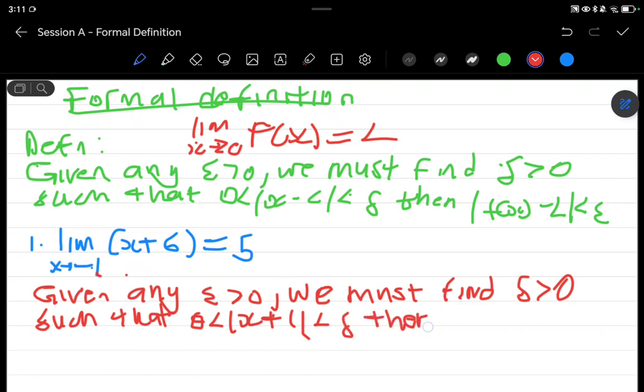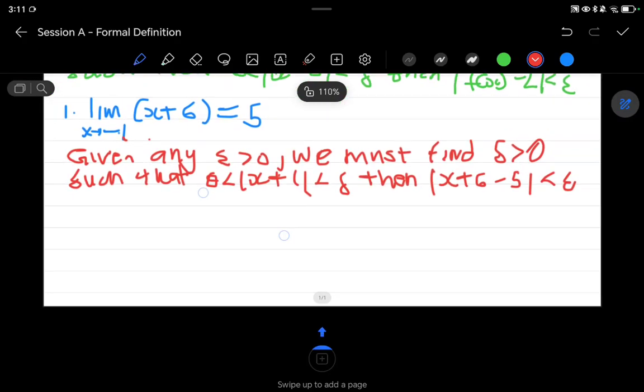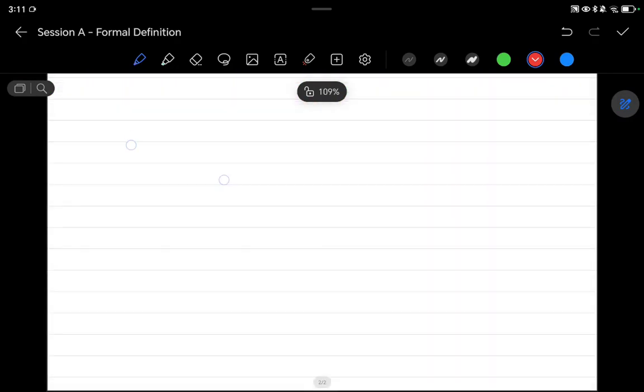Then I'll have the absolute value of x plus 6, which is our f of x, minus 5, which is our L, and this should be less than epsilon. We agree, right?